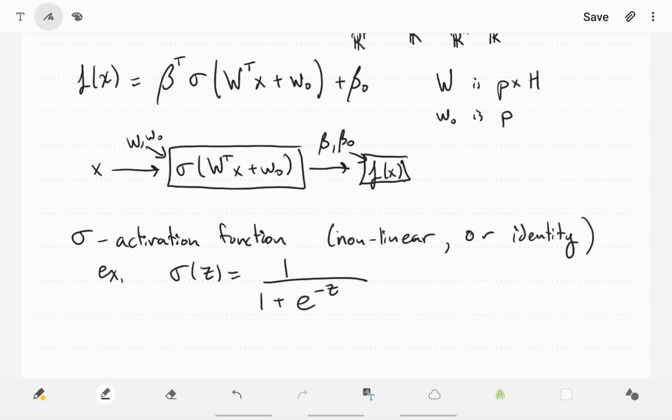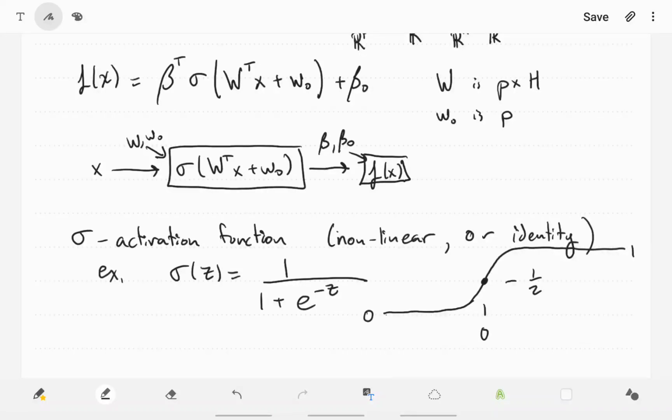The way this looks, it starts at 0, asymptotes to 1, and hits 1/2 at 0.